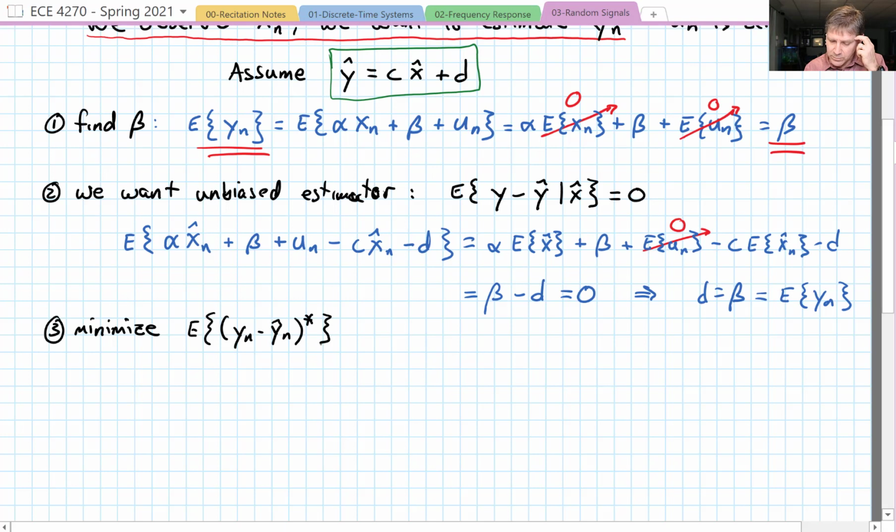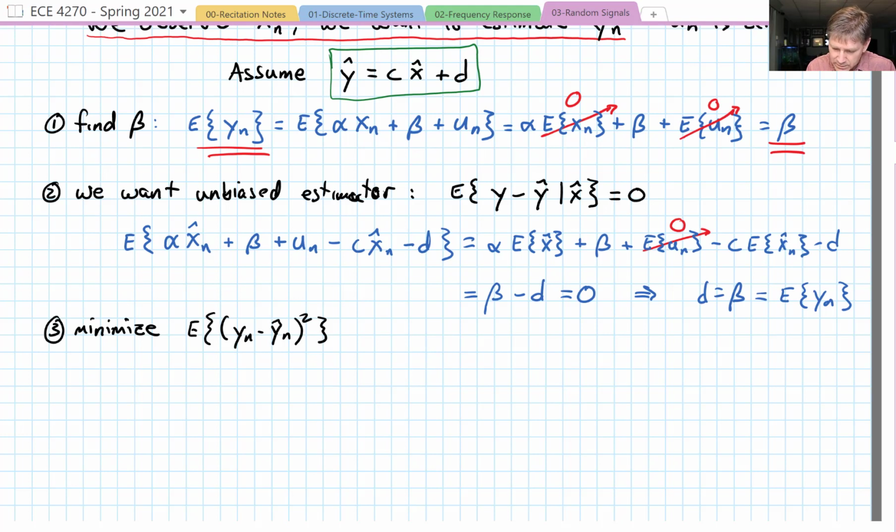Now, if these were complex, it would be y minus ŷ times y minus ŷ conjugate. But just to simplify notation a bit, we'll just do this.